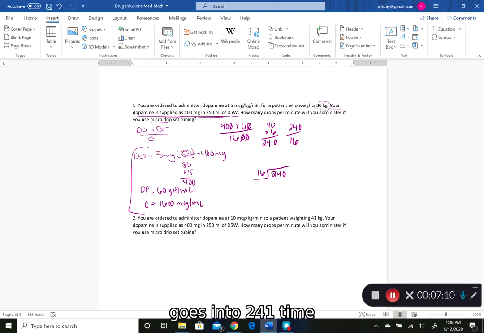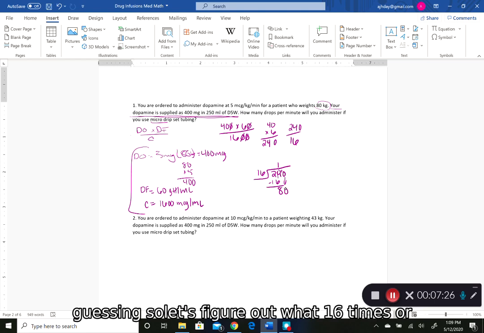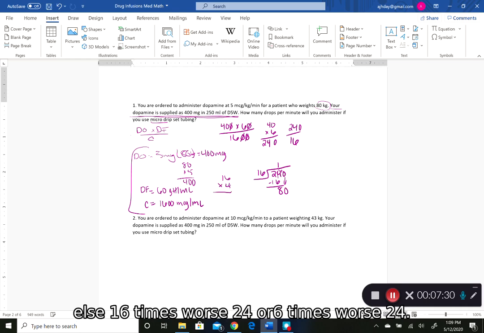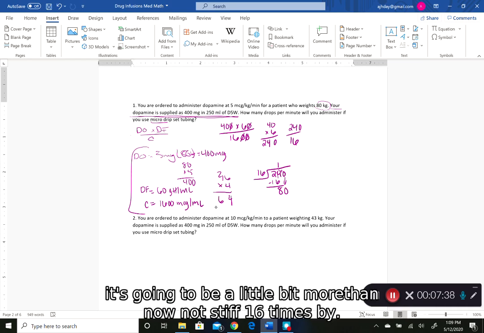Sixteen goes into 24 one time. I have 8 left over. 16 into 80, we're going to have to do some guessing. So let's figure out what 16 times 4 is. It's 64, so it's going to be a little bit more than that.